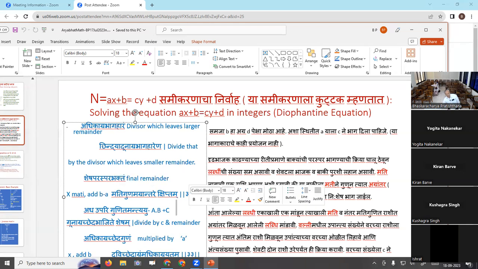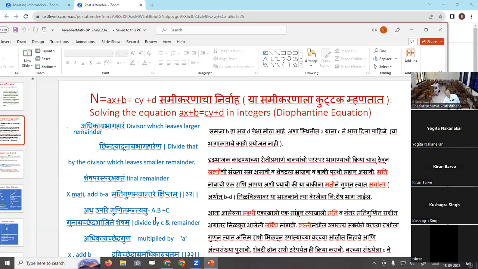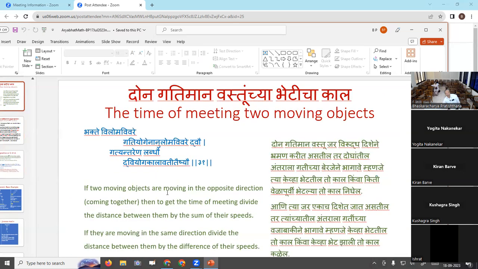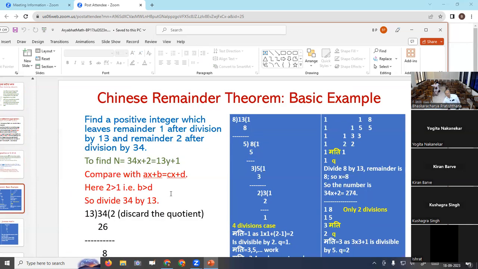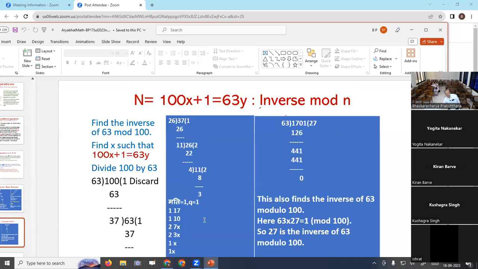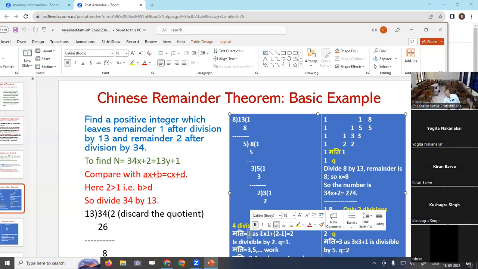Okay, so this is what calculation you have to do. And in this example, you should, okay, so here Mati is to be found out.